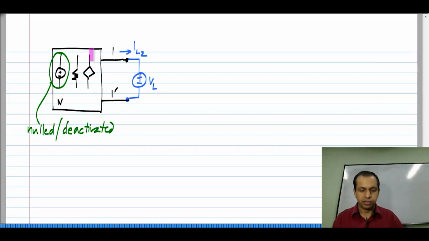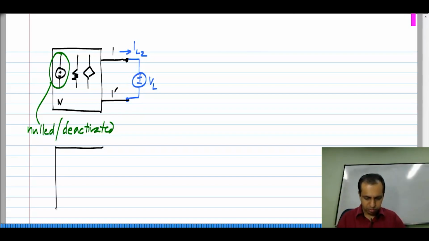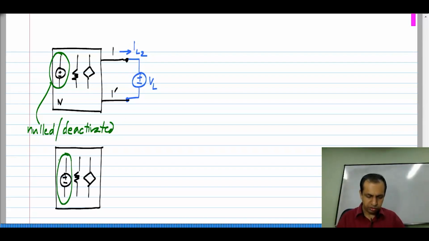We have only linear resistors and linear control sources, and we know that such a network looks like a resistor from these two terminals. I am considering the case with this nulled, and looking in here, it always looks like some resistor.